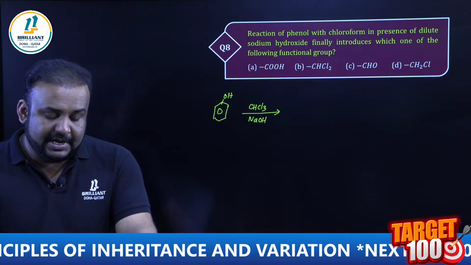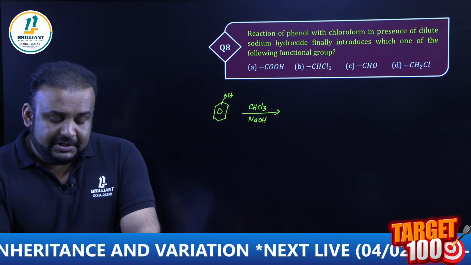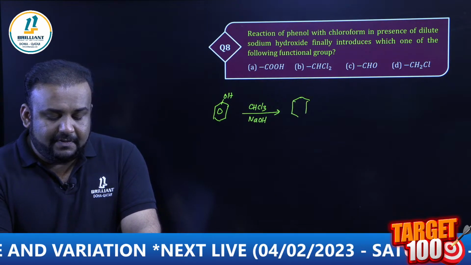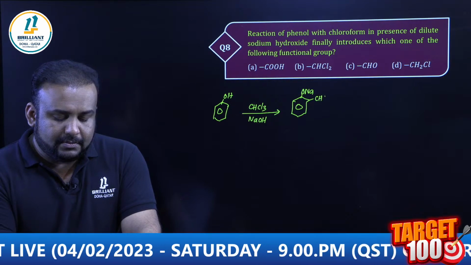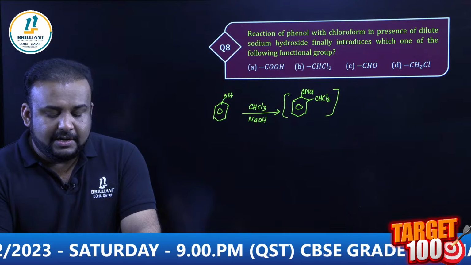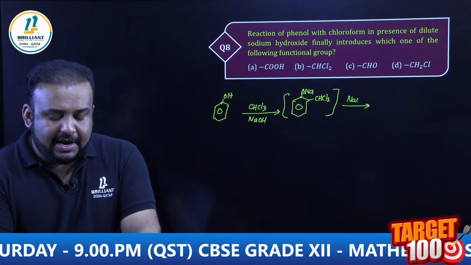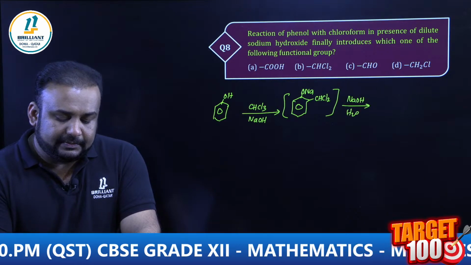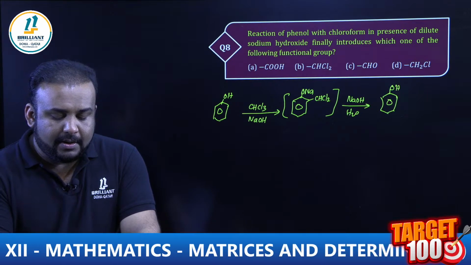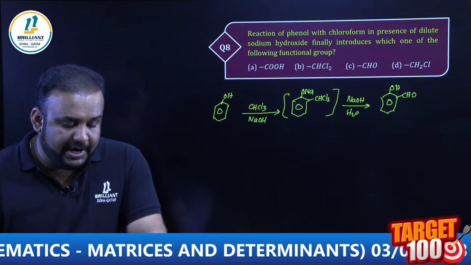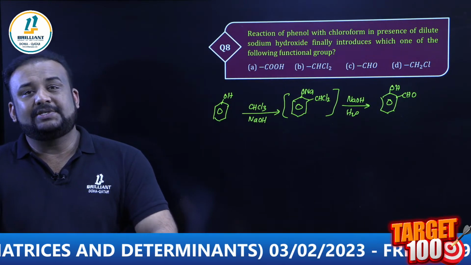Finally introduces which one of the following functional group? You know that first it will form an intermediate, and this upon treatment with NaOH and hydrolysis you will get CHO here, isn't it? So what is this compound called?